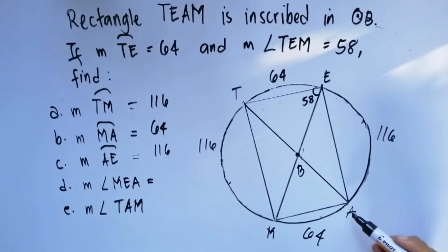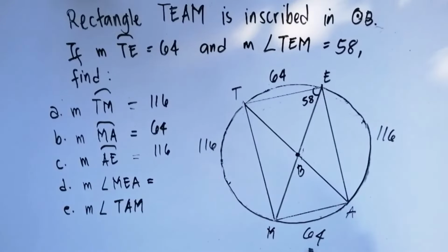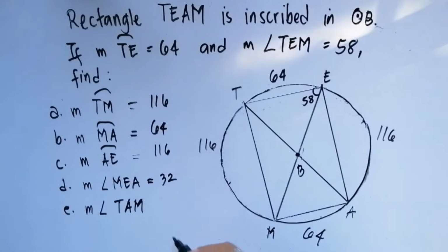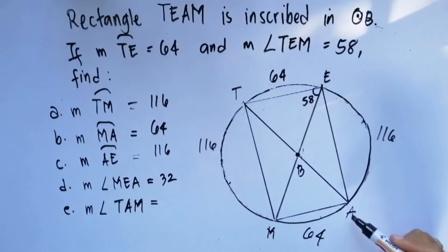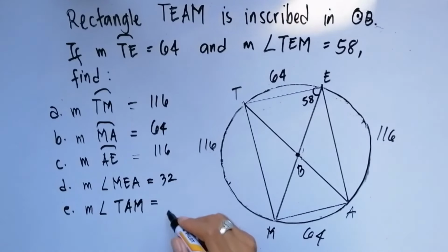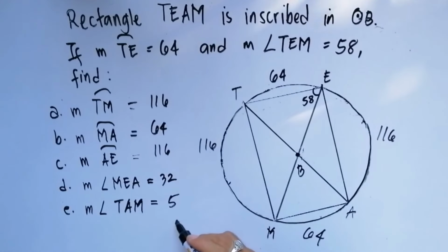So 1/2 of 64 is 32. Then the measure of angle TAM is equal to 58.